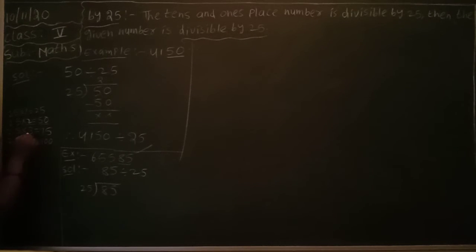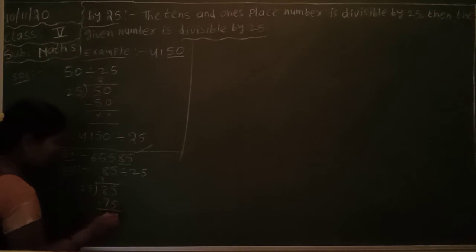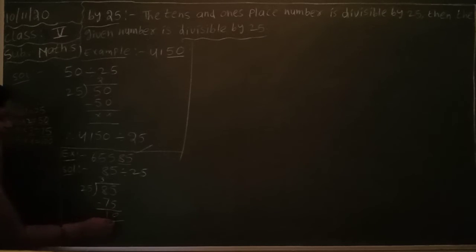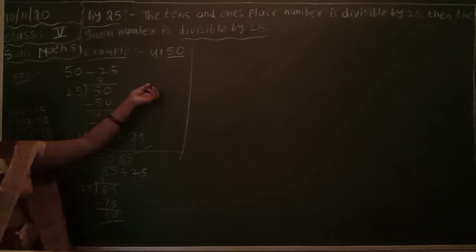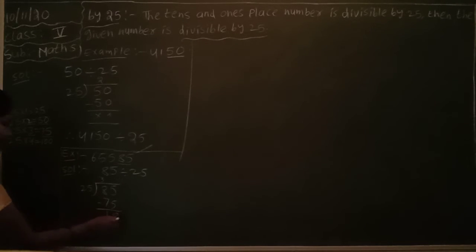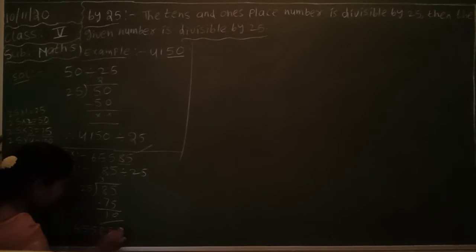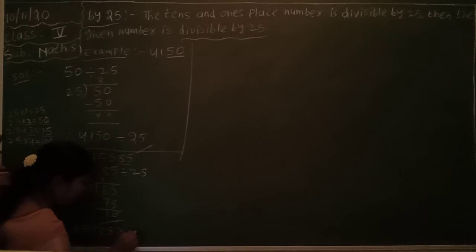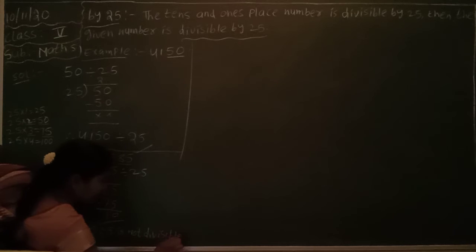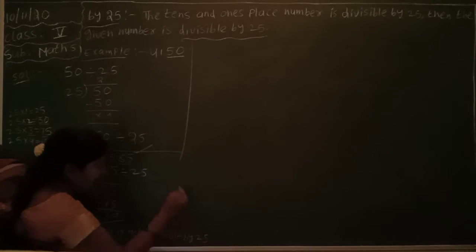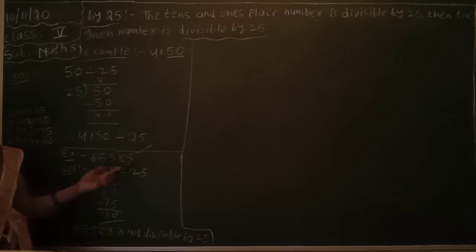We will take 25 threes are 75. 5 minus 5 is 0, 8 minus 7 is 1. 10 is the remainder. If we don't get any remainder, then only the number is divisible by 25. But here we get a remainder of 10. So 65,585 is not divisible by 25. Like this, we have to check only the last two digits.